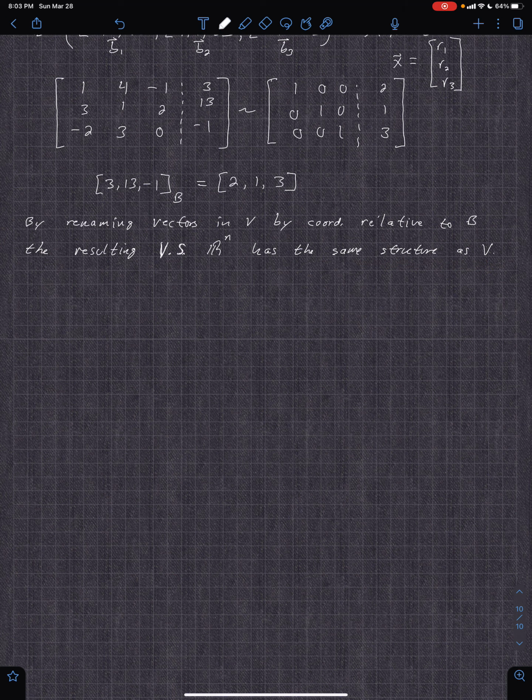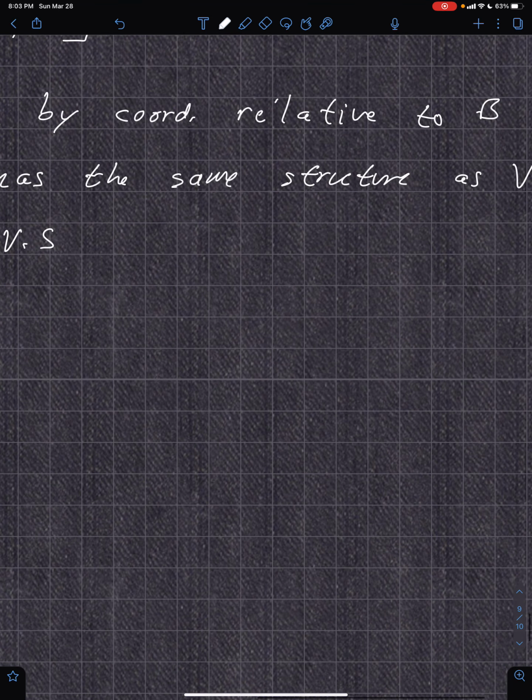So what you have then are two sets. If you have two sets V and W, and they're both vector spaces, you're setting up a correspondence from one set to the other.